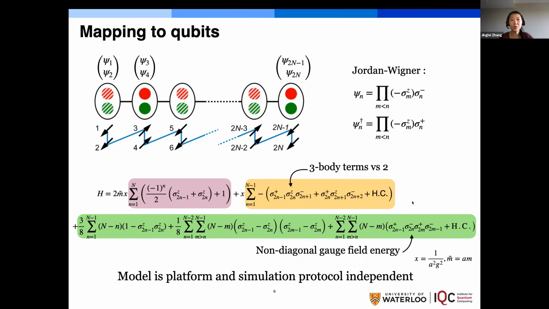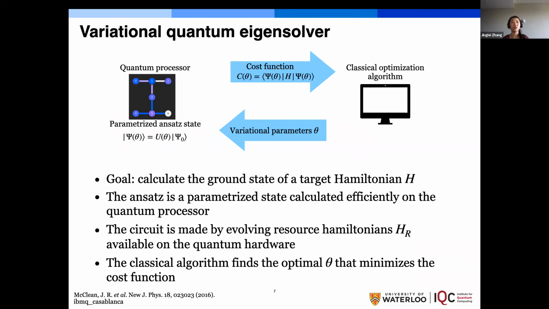What we decided to do, however, was to use this model to do a variational quantum eigensolver. And now I'm just going to explain what a variational quantum eigensolver does. So it's a hybrid quantum-classical algorithm, which means that I need both a quantum processor and a classical processor.